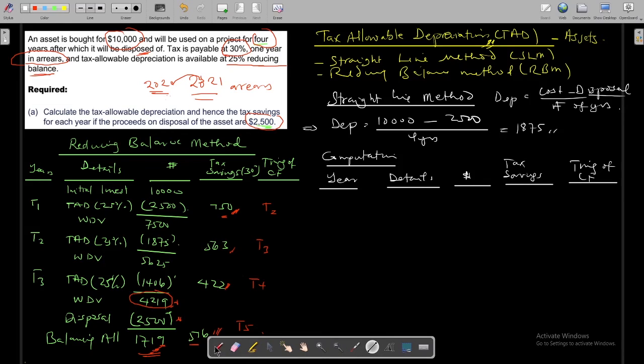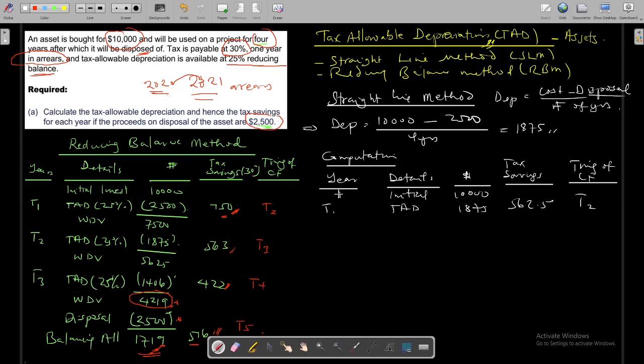Let's start with the initial investment, which is 10,000. The tax allowable depreciation is 1,875. Then 1,875 multiplied by 30%, times 0.3, gives us 562.5, and the timing is in year 2.